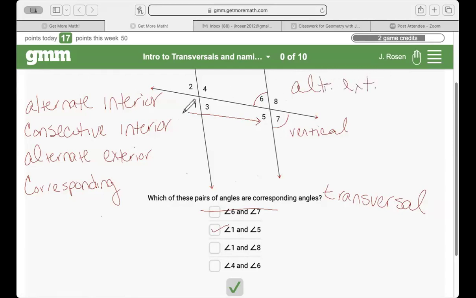They're opposite sides of the transversal outside the parallel lines. And 4 and 6 are going to be consecutive interior because they're on the same side of the transversal on the inside. So knowing all the vocabulary terms will help you make sure you can identify the answers as well. Okay, let's see what the next question gives us.